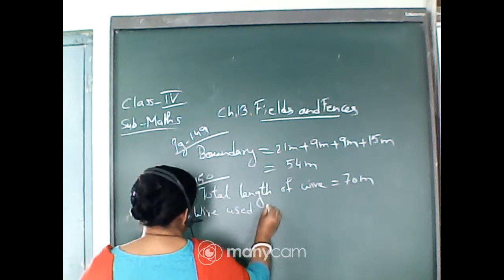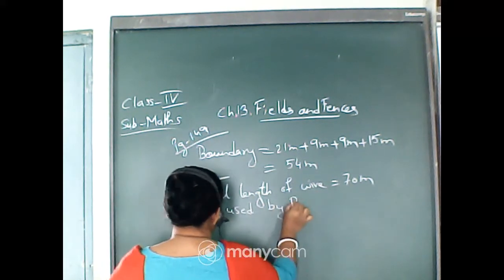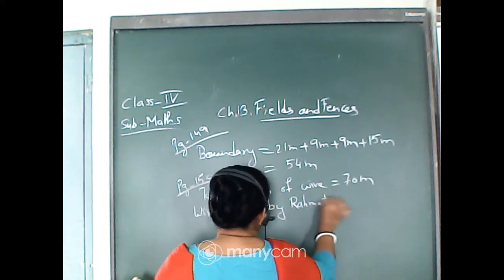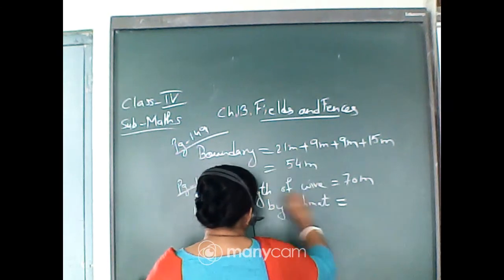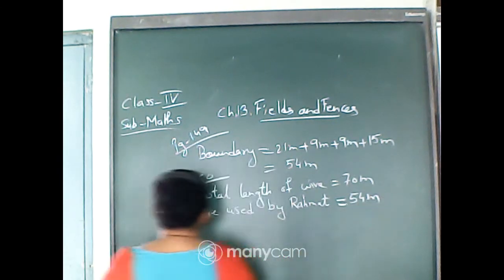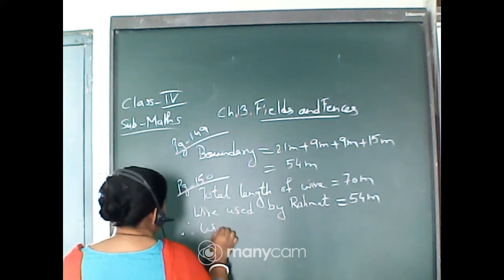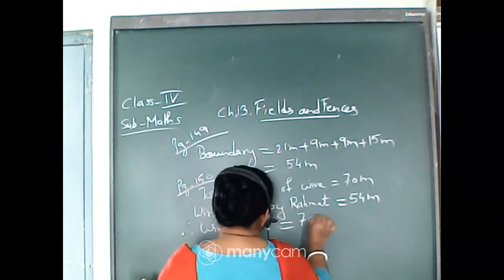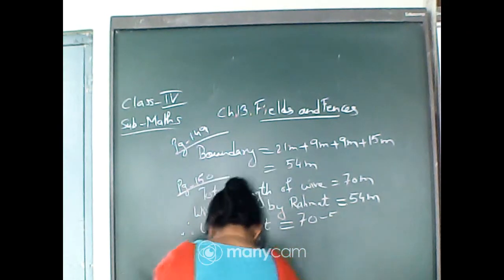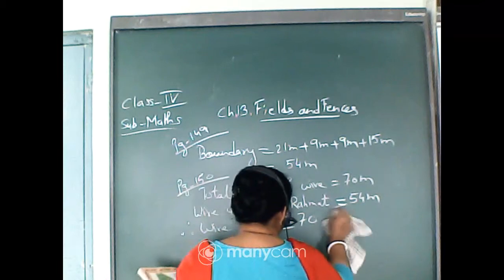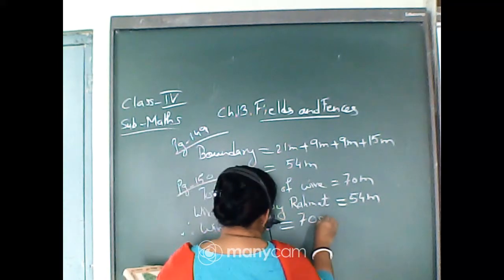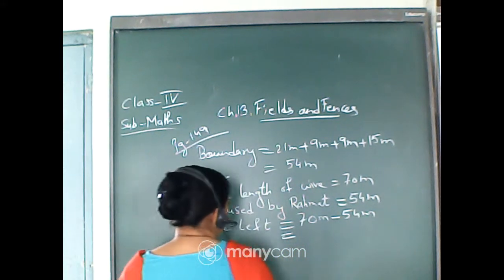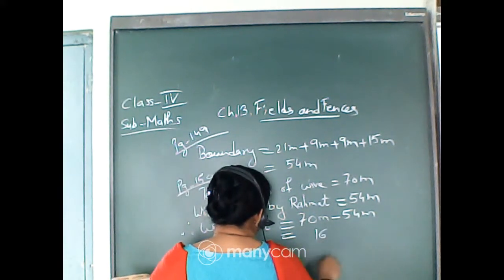Wire used by Rahmat. He has used only 54 meter as the boundary is 54 meter. So therefore wire left is 70 meter minus 54 meter, that is 16 meter.